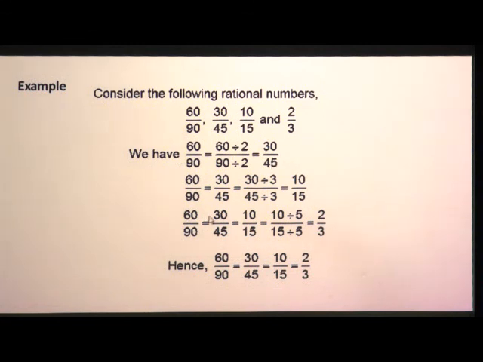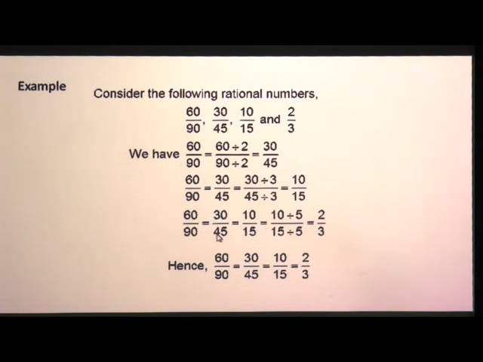Now, 30 upon 45, you divide it by 3, you will get 10 upon 15. When you divide 10 upon 15 by 5, you will get 2 upon 3. You might see equal signs here; these are known as equivalent.